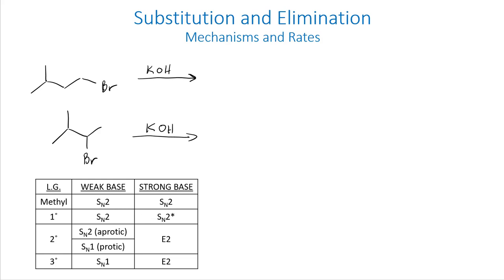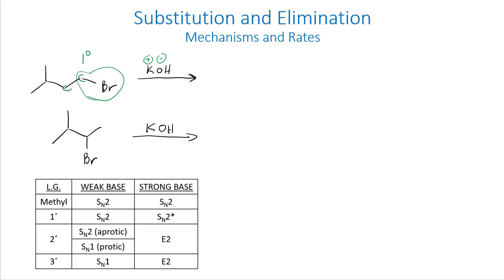Looking at our starting materials and our reagents, we find two things are important: the degree of substitution of the leaving group, which in the case of our first example is primary because the carbon the bromine is on has only one other carbon attached, and our nucleophile is at least as strongly basic as hydroxide or stronger.